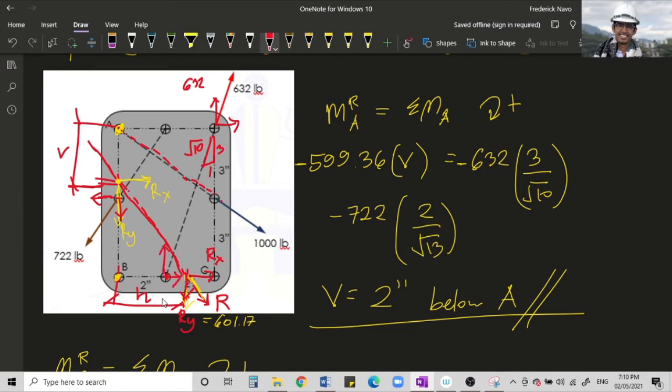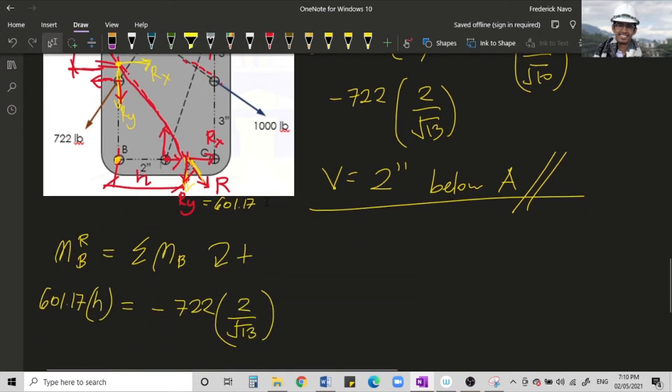Ayan. So, ang mag-rotate lang is itong Y component. Tama? So, that will be plus 632 pounds. Yung slope niya, so that will be 2 over square root of 10. Ay, 3 pala. So that will be 3 over square root of 10.